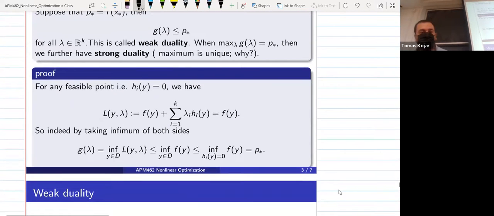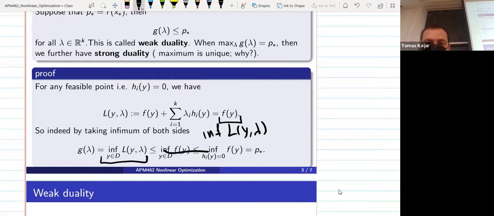So I have the infimum. We just showed that these are, I should write something else here. Let me correct this, let me rewrite this for you. So this would be less or equal than the infimum over y of the Lagrangian, over the hi equals 0.